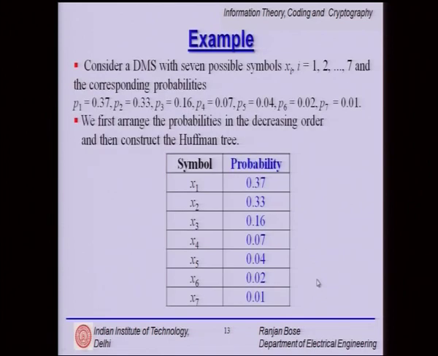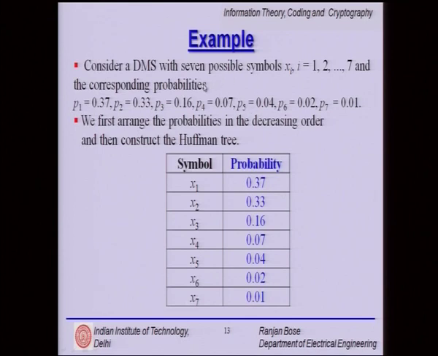Let us look at an example. Suppose there is a discrete memoryless source with only 7 possible symbols, x1 through x7, and we have the corresponding probabilities. In this table we write the probabilities. Just for reference, suppose these probabilities were all equal.